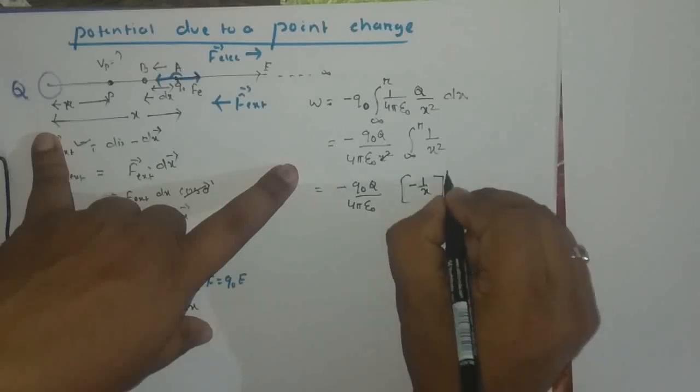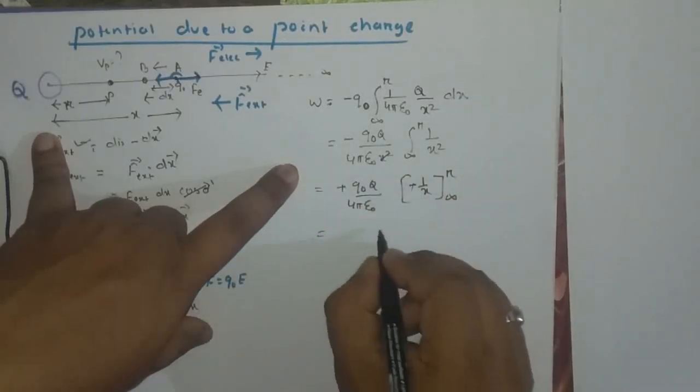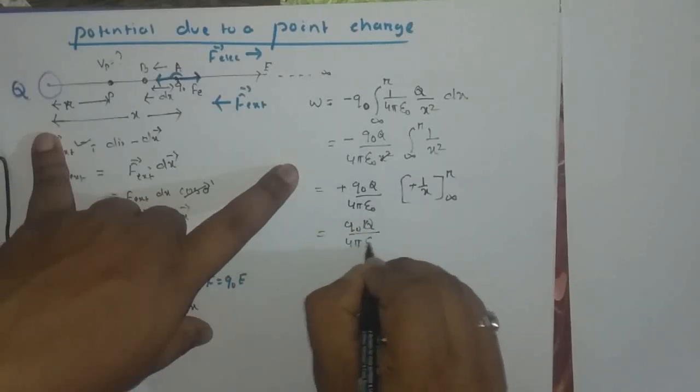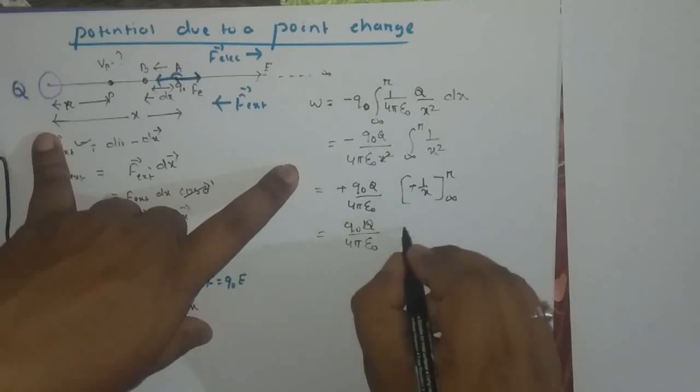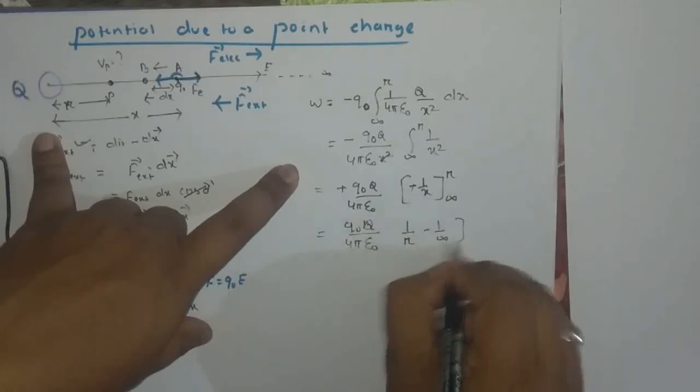Limits infinity to R. Now minus minus will be cancelled. So this will be Q naught Q by 4 pi epsilon naught, and I will write here 1 by R, upper limit minus lower limit.